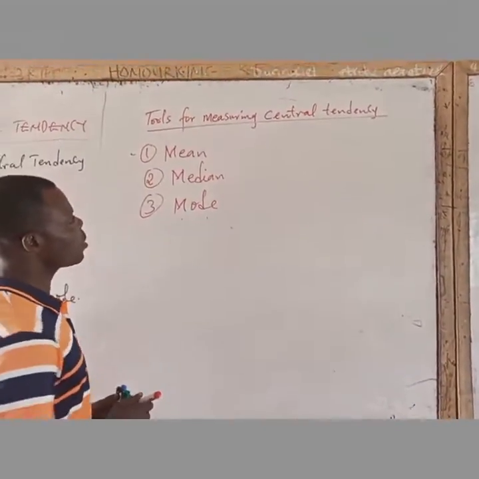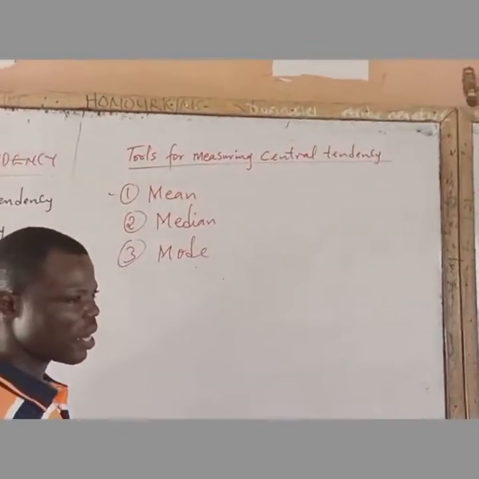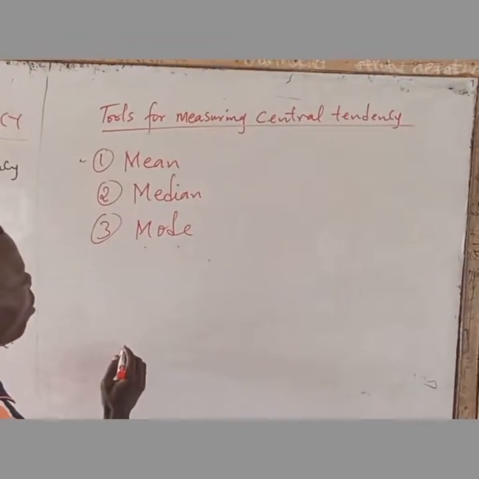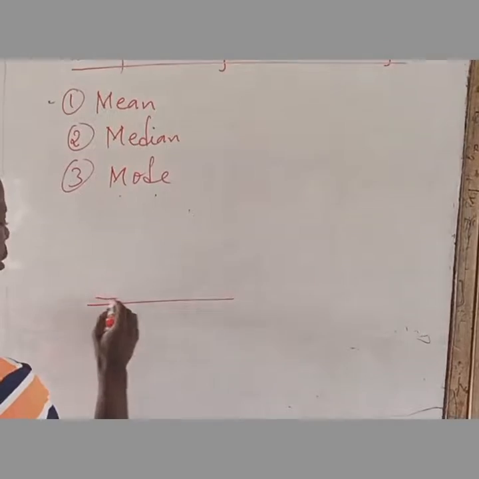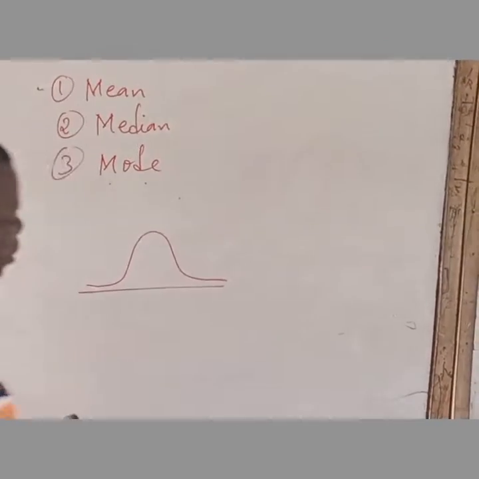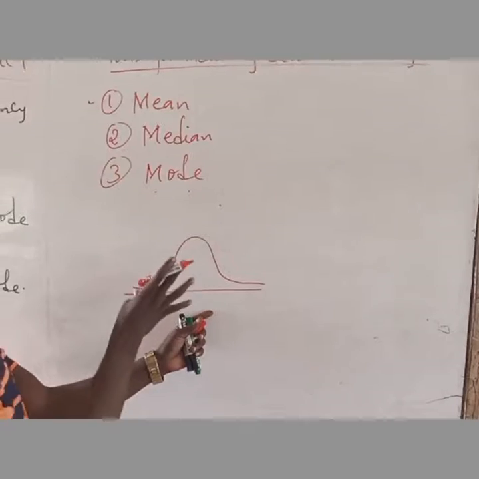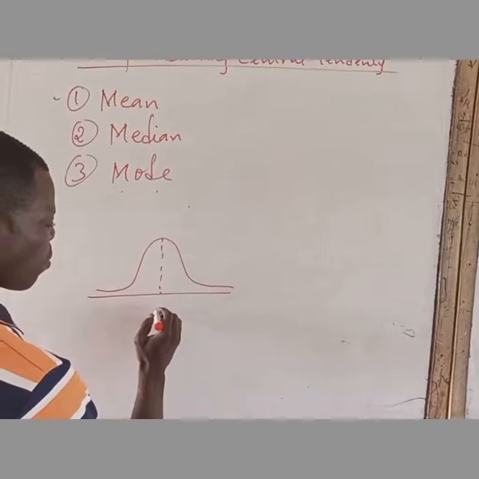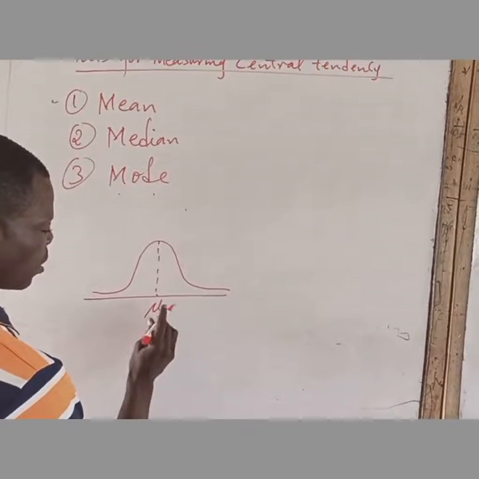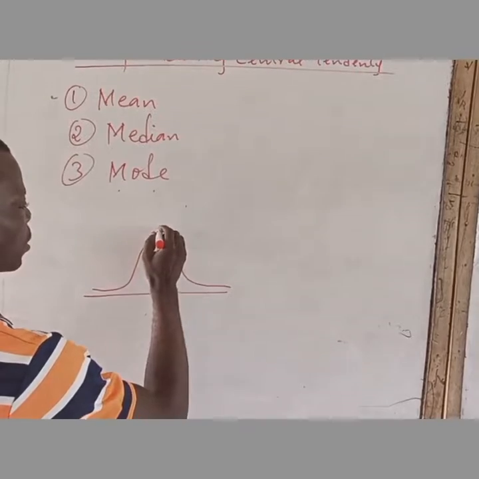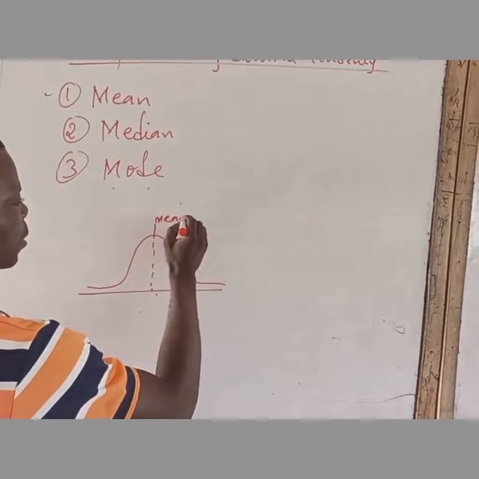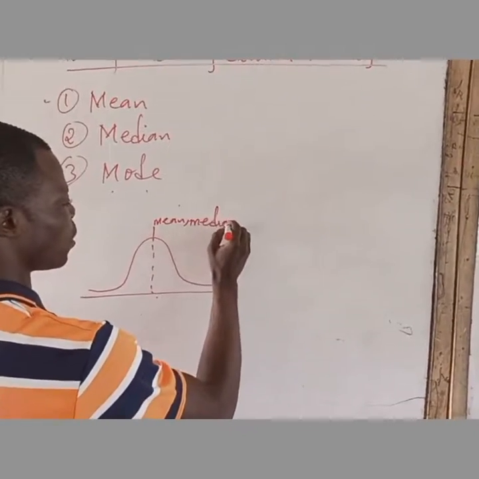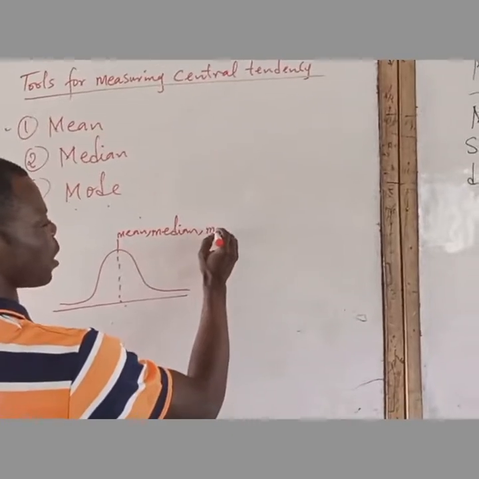So we can also have a distribution graph for these three. When you have data like this, when it is normally distributed, here will be our mean, here will also be our median, and this will also be our mode.